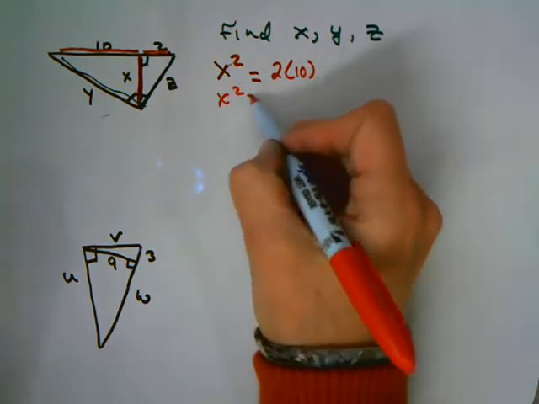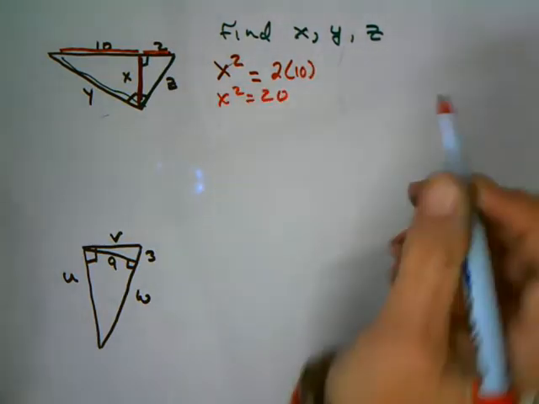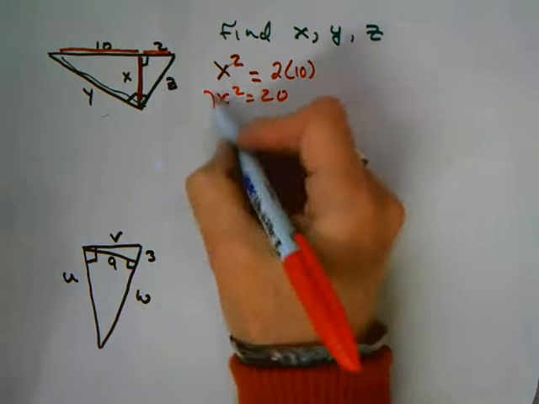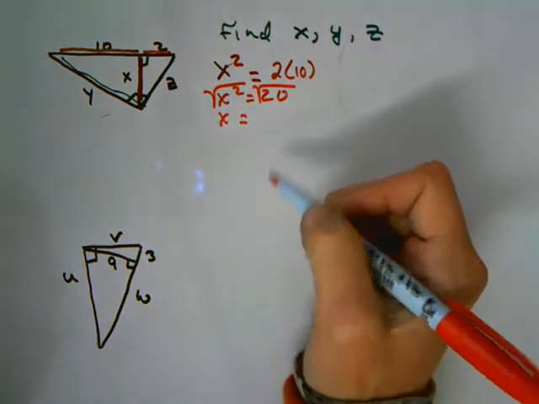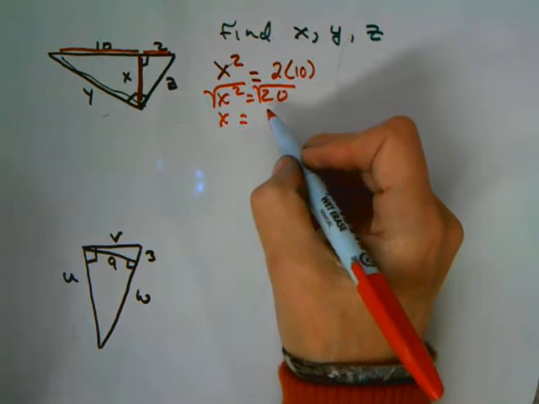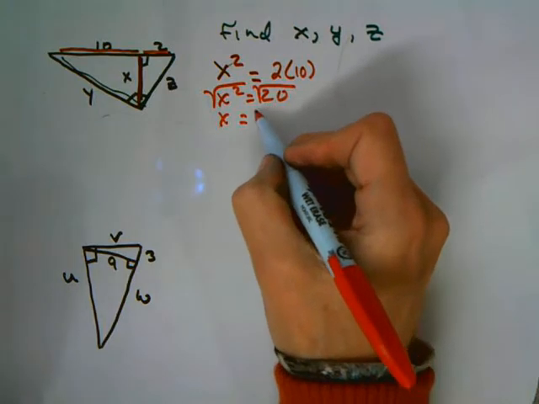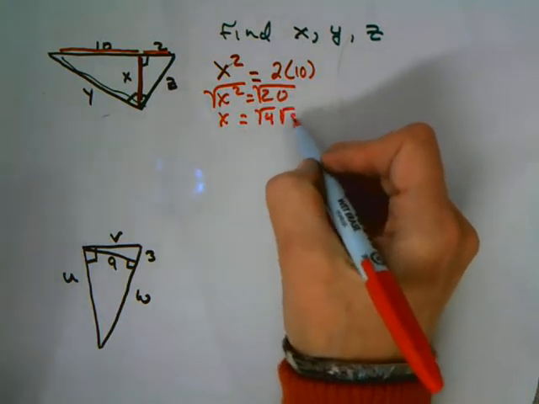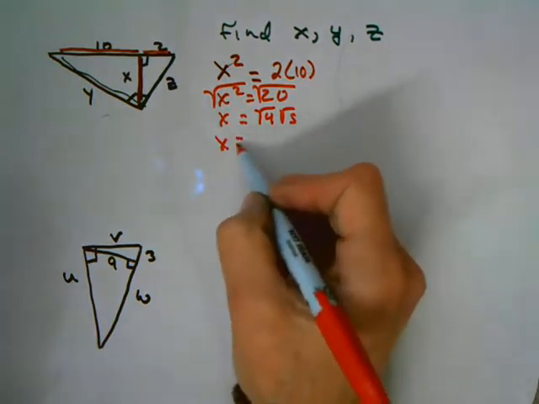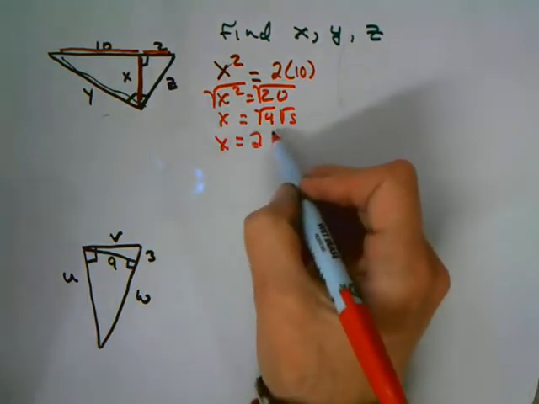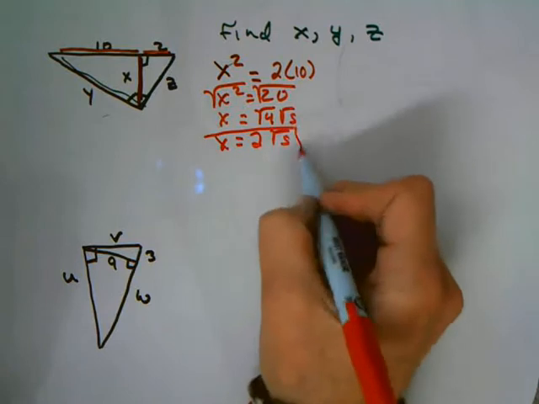Now, when I square root that, 20 is not a perfect square, so I'm going to break that into factors where one is a perfect square, and call it the square root of 4 times the square root of 5, because the square root of 4 is 2. So I get for X 2 times the square root of 5.